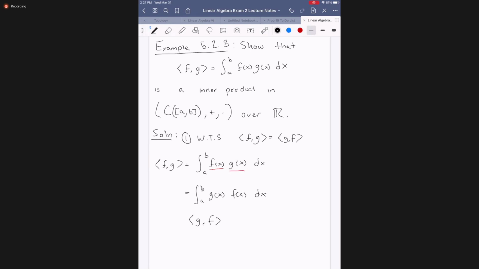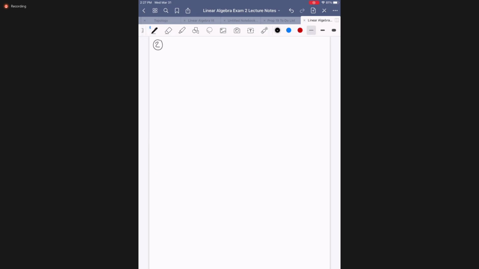Okay. Next, let's show the distribution thing. So 2, we need to show F G plus H is equal to F G plus F H. Take F G plus H, which is equal to the integral from A to B of F of X times G of X plus H of X, dx.